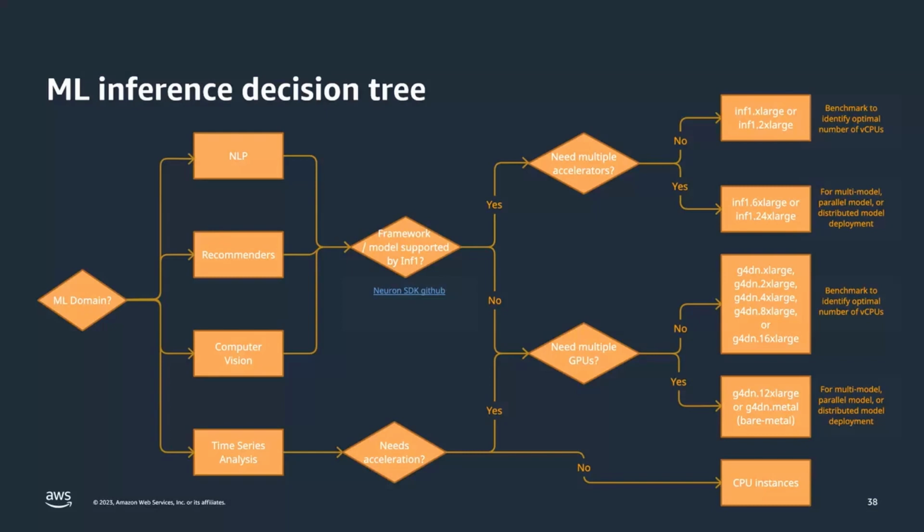After you decide to use INF1, you think about whether you need very powerful multiple accelerators or not. We have different options, all the way from INF1 xlarge to 24xlarge. You can find all these technical details for the different types of instances on our website.